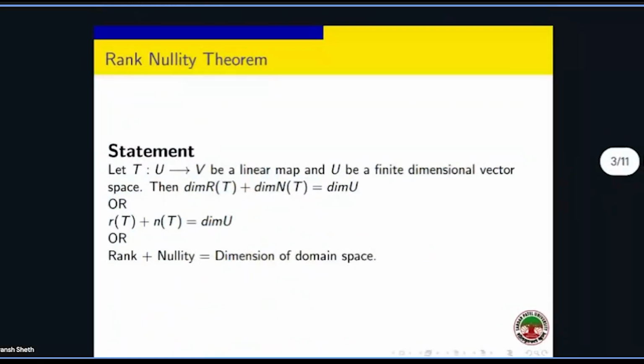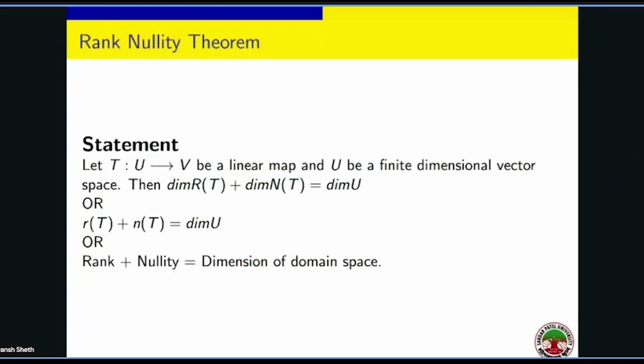So this is the statement of the triangularity theorem. The theorem states that if T is a linear map from U to V, where U and V are vector spaces and U is specifically a finite dimensional vector space, and there is no such condition on V, then there is an equation which each linear transformation satisfies: the dimension of the range space of T added to the dimension of the null space of T is equal to the dimension of the domain space.